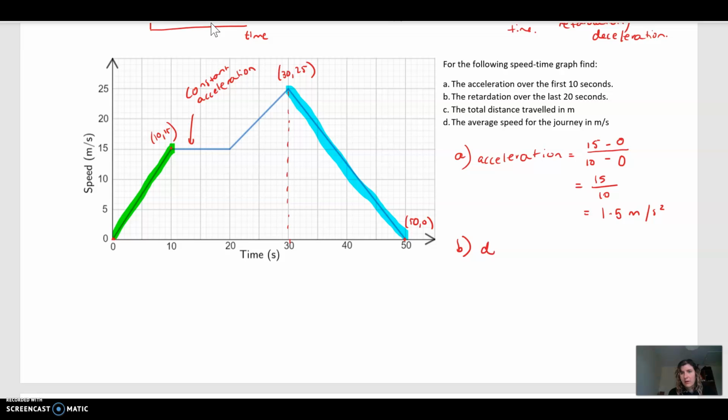So our deceleration is equal to, now we do y coordinates first, so 0 minus 25 over 50 minus 30 for our x. So that's negative 25 over 50 minus 30, which gives us 20.